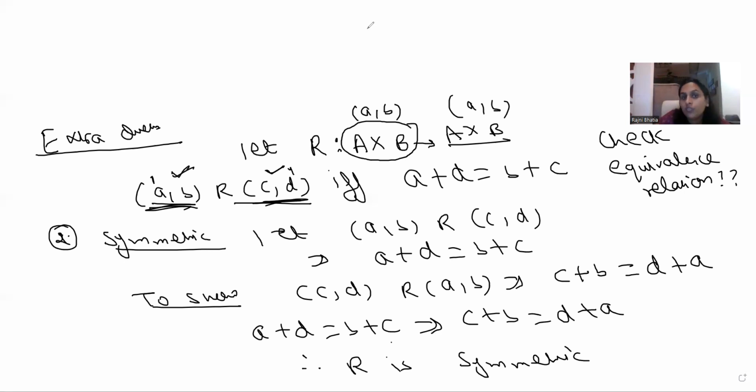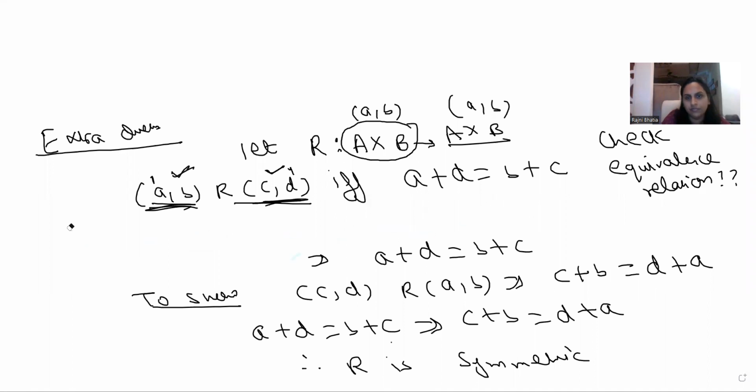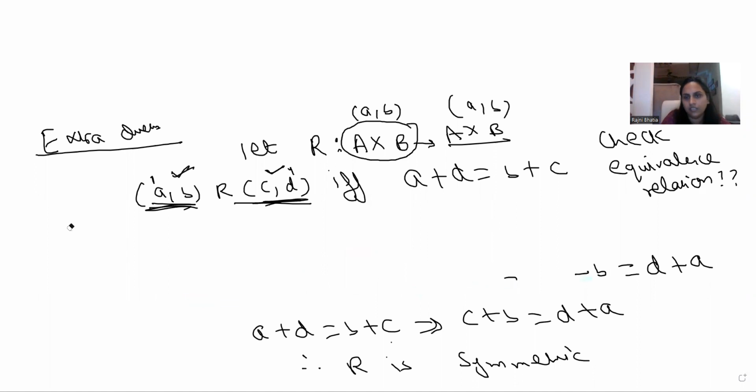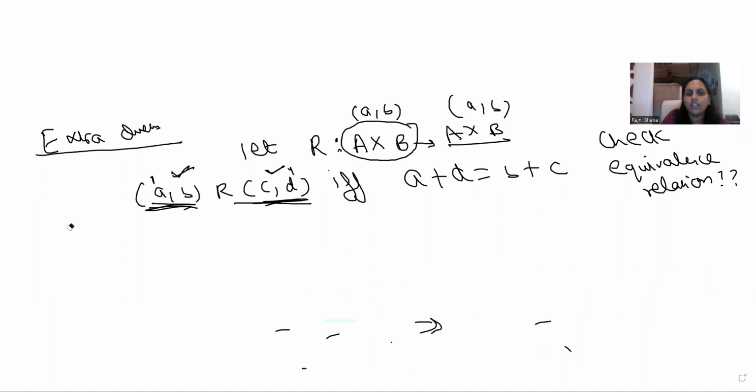Now, in order to prove that the relation R is transitive, how can we prove that our relation R is transitive? So the third part is we need to prove that the relation R is transitive.